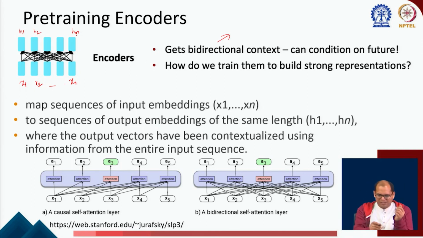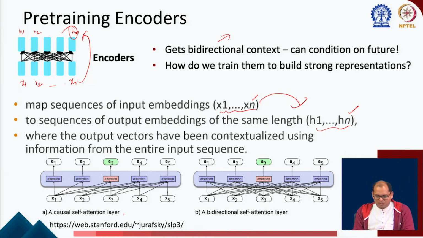So I want good representations at the final layer of the encoder, mapping input embeddings to a sequence of output embeddings. This n and this n are the same, so you have the same number of contextual embeddings as the number of words. These vectors are contextualized using information from the entire input sequence.